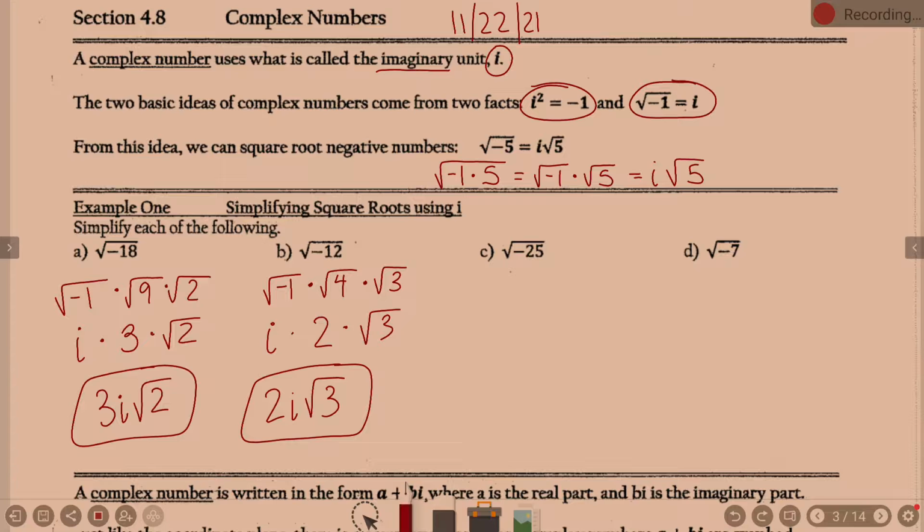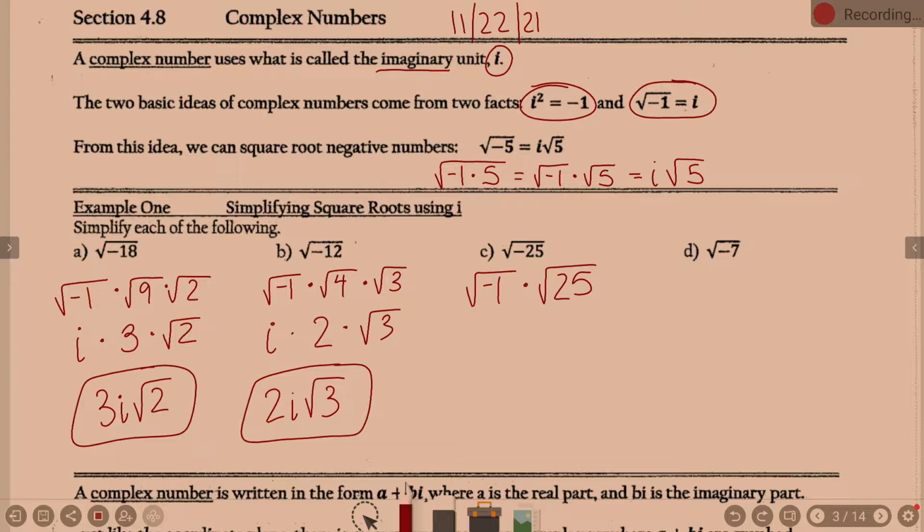So I'm going to make one of my factors the square root of negative 1. What do you know about the square root of 25? It's a perfect square itself, isn't it? So for this line, I'm just going to leave it as square root of 25. I don't need to worry about looking for perfect squares because it is a perfect square.